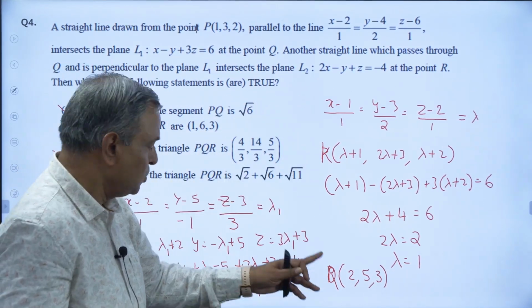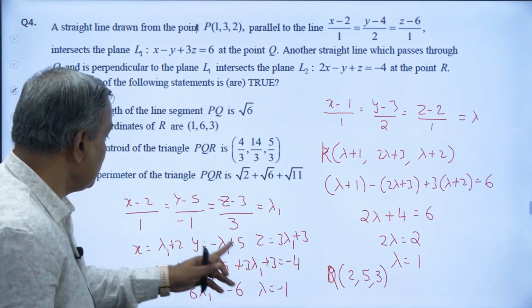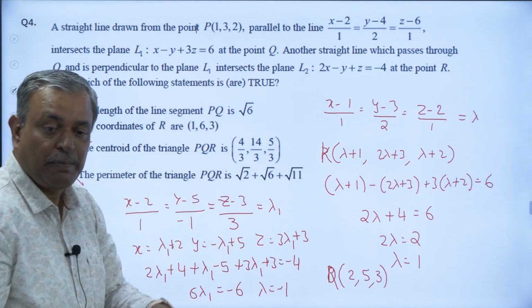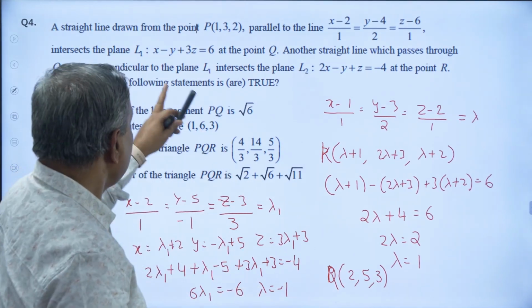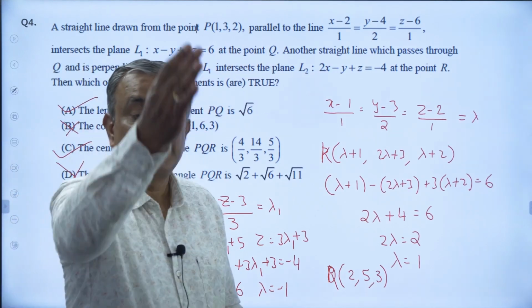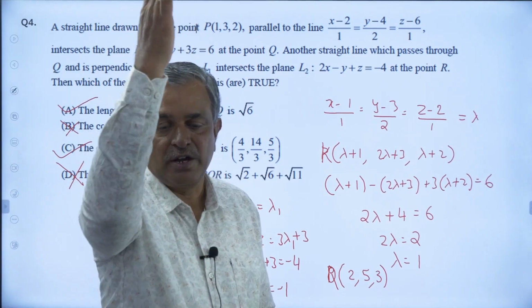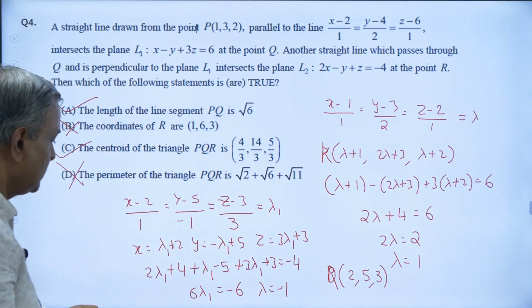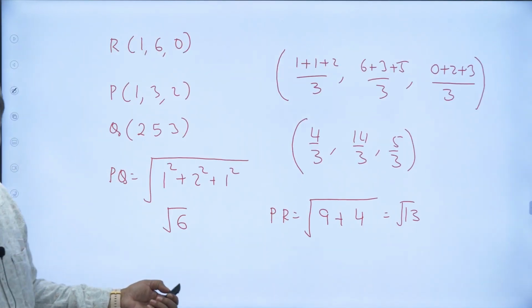So we got the Q. Once we got the Q, we formed another line which is perpendicular to this plane. Perpendicular to the plane means AX plus BY plus CZ plus D equal to 0, and A, B, C are the DRs of a line perpendicular to the plane. In that way, we got PQ, PR and this one.